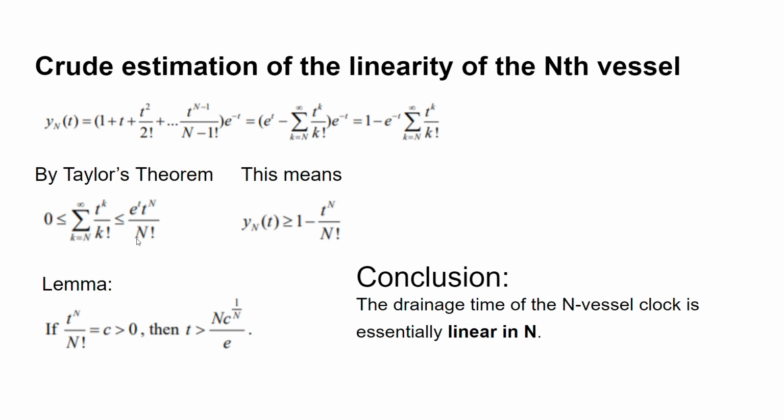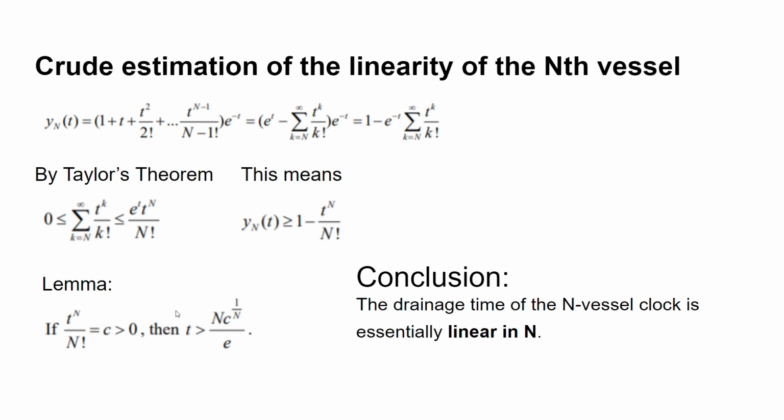And in our water clock analysis, n and t are not small, so this formula should be applicable throughout our water clock analysis. We simplify yₙ(t) with this formula. We can obtain that yₙ(t) is always larger than or equal to 1 - tⁿ/n!.